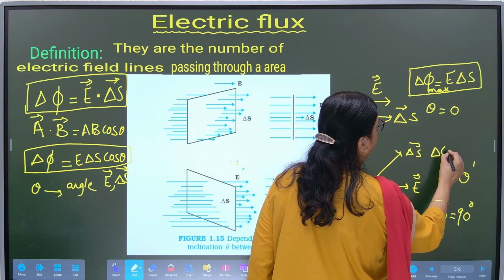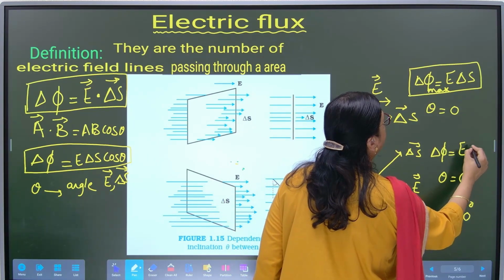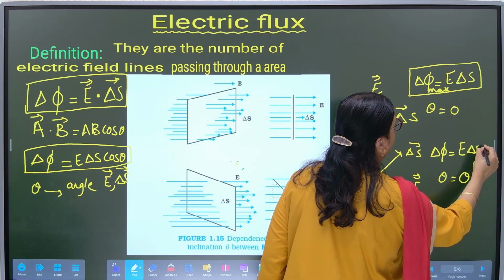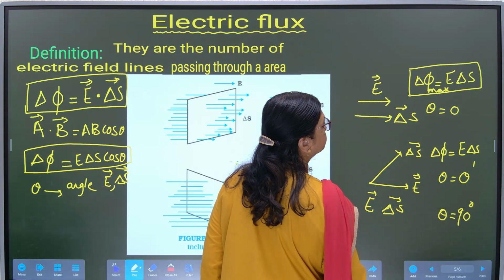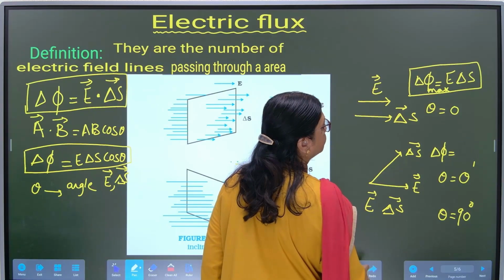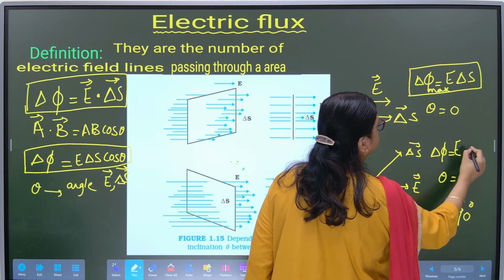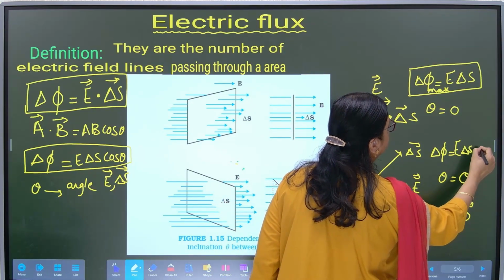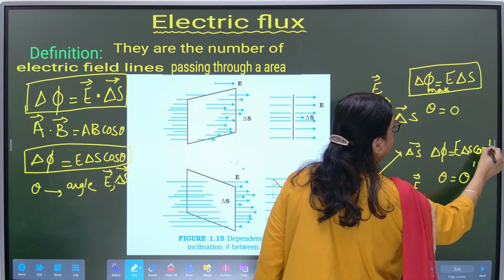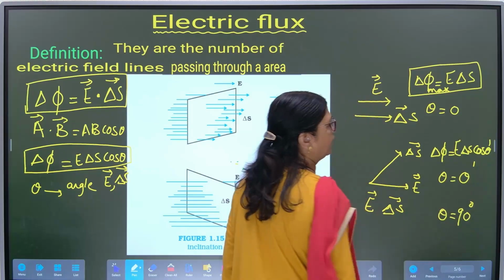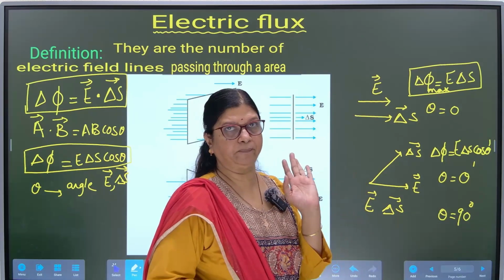Remember. Okay, now in this case, what do I write? Delta phi is equal to E delta S cos theta. Theta can be 30, 60, whatever.